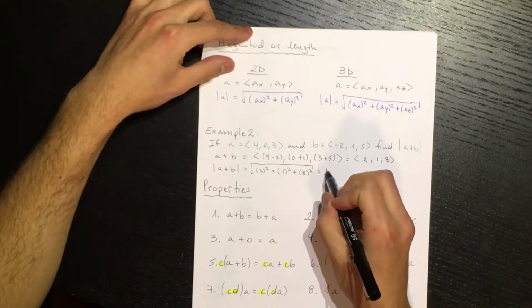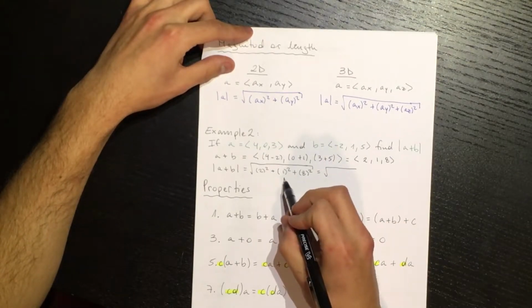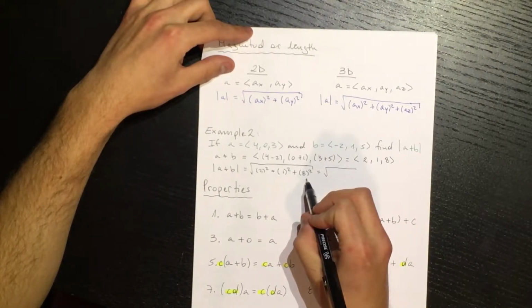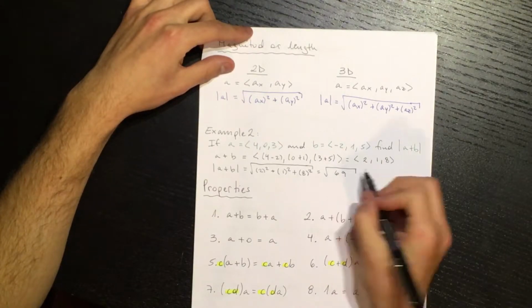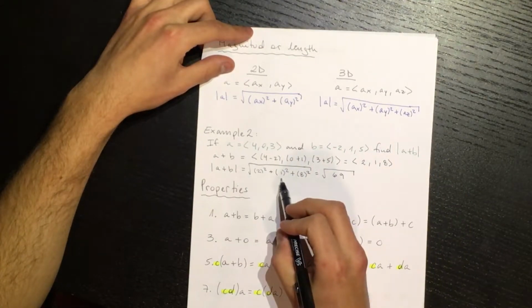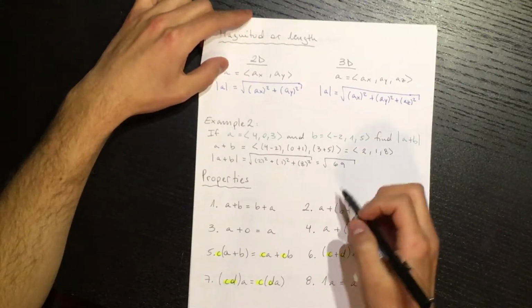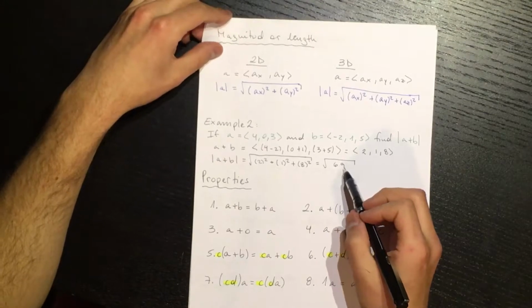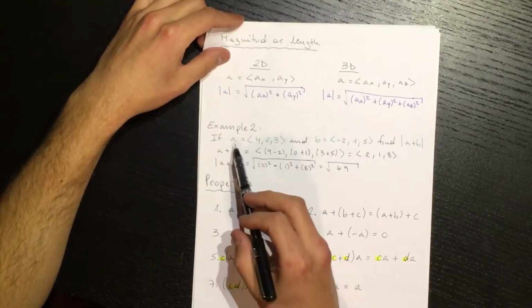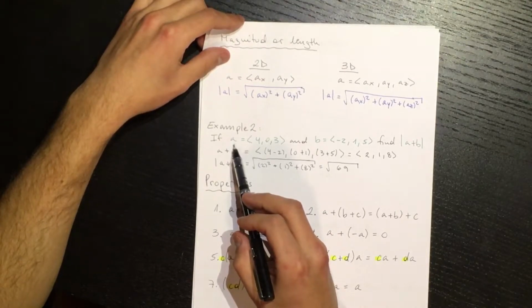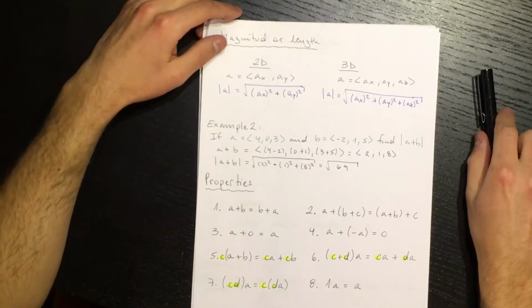At the end, we're going to have the square root of 4 plus 1, 5, plus 64 is 69. This is the magnitude of the addition of A plus V. Properties.